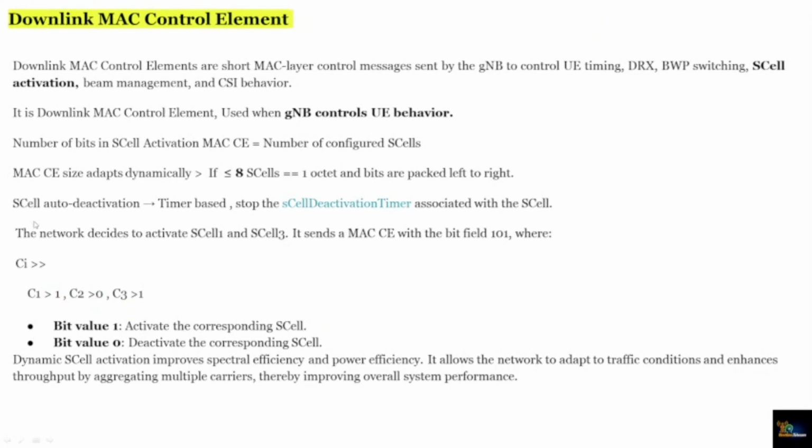SCell auto deactivation is timer based. When activation starts, the SCell deactivation timer is associated with the SCell. Suppose the network decides to activate SCell 1 and SCell 3, it sends the MAC-CE with bit field 101, where C1 is activated, C2 is not activated, it is deactivated, and C3 is activated. Dynamic SCell activation improves spectral efficiency and power efficiency.